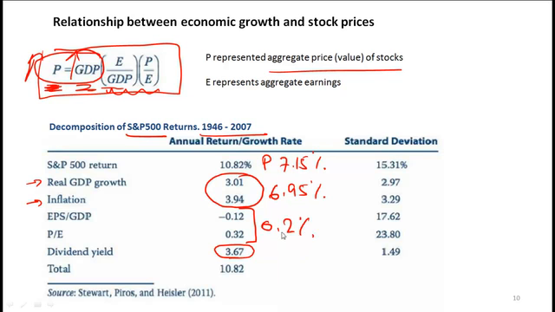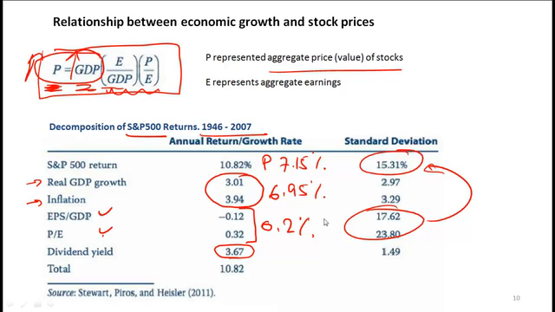So this 0.2% is a very small number. Notice also that there is a lot of standard deviation, so a lot of variation, associated with these two small numbers. So what that tells us is that a lot of volatility in the stock returns is coming from these two elements.